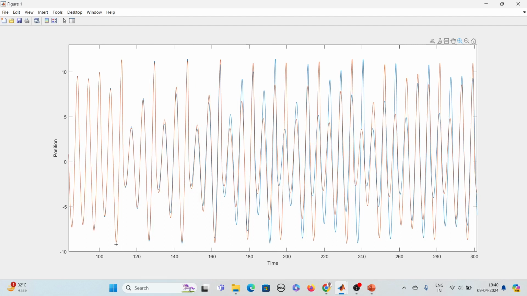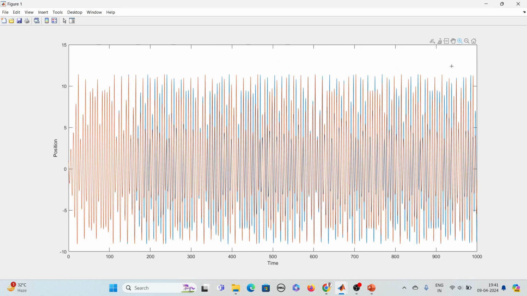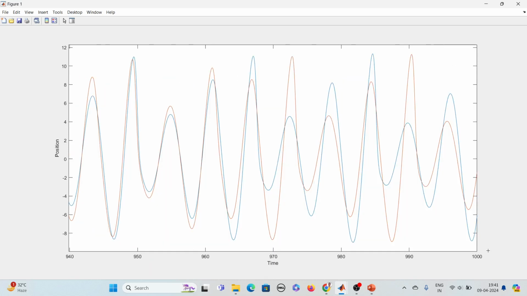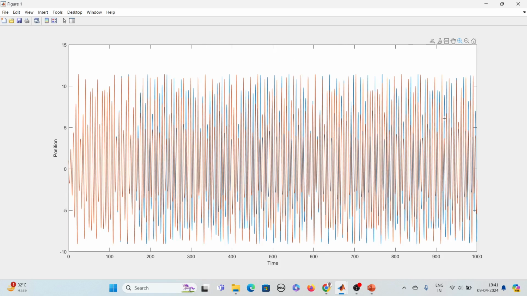Up till here, my response with both initial conditions was the same. But after that, you'll see it has started diverging. And after some amount of time, near 1000 units of time, you'll see that there is a greater divergence of the system response. So this means that my system response is chaotic.